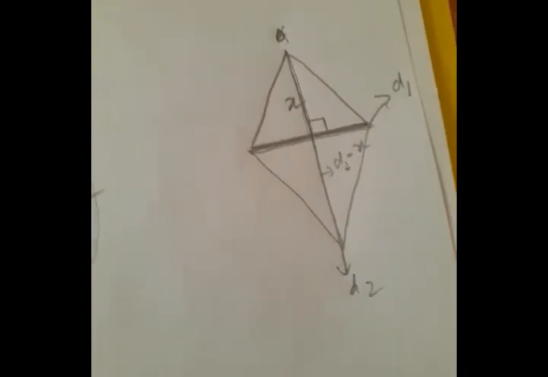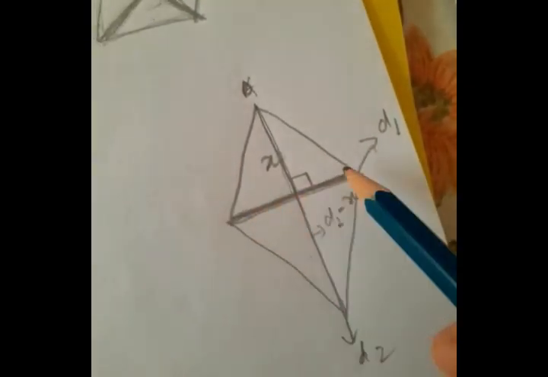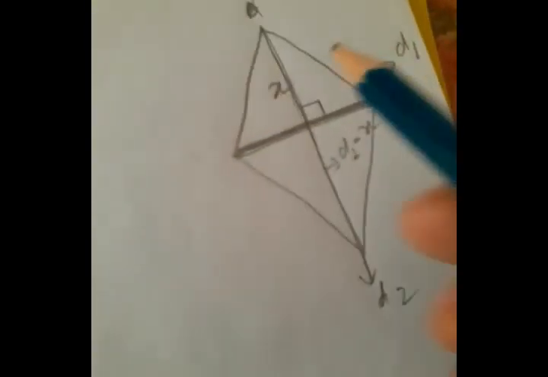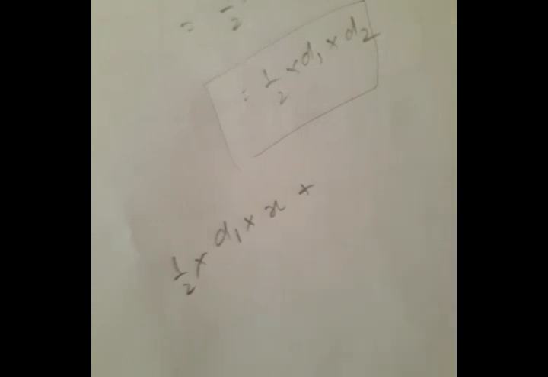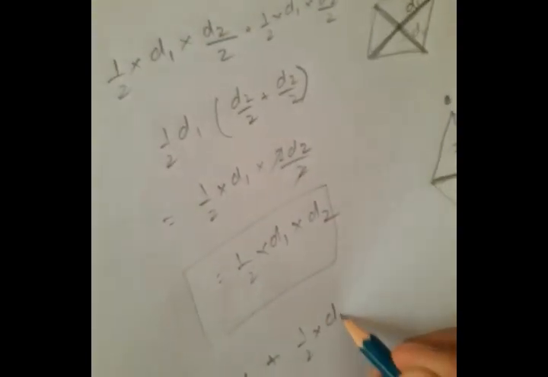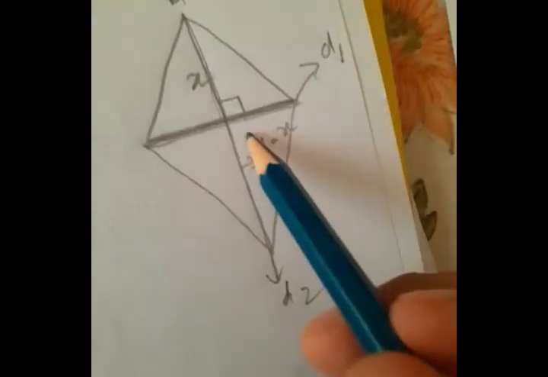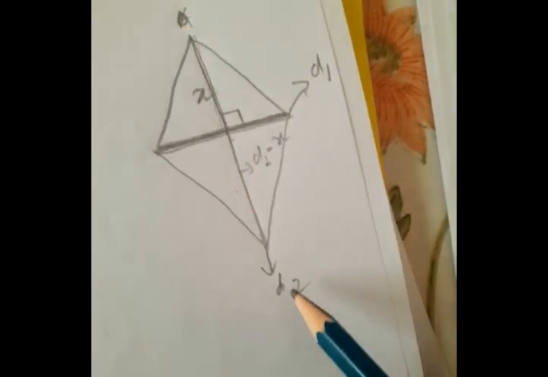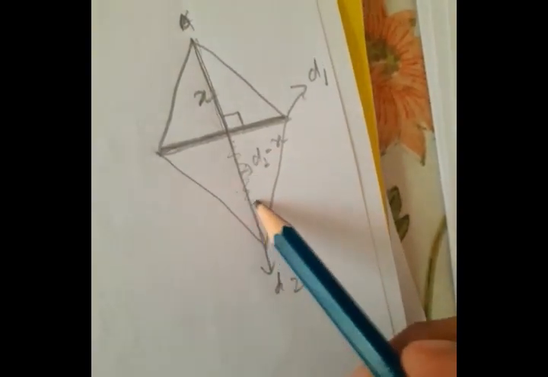Okay. So now let's find the area by the area of triangle. Half into base. What is this base? This is d1. So half into d1 into what is this? Height is x, plus the same one goes for this, half into d1 into d2 minus x, because this part is x and the whole part is d2, so this part will be d2 minus x.